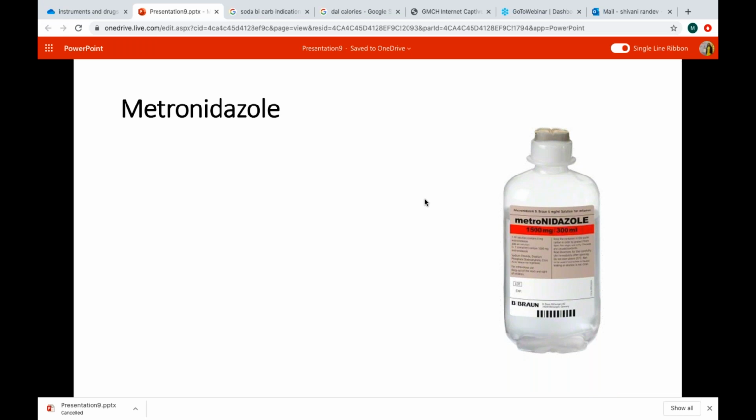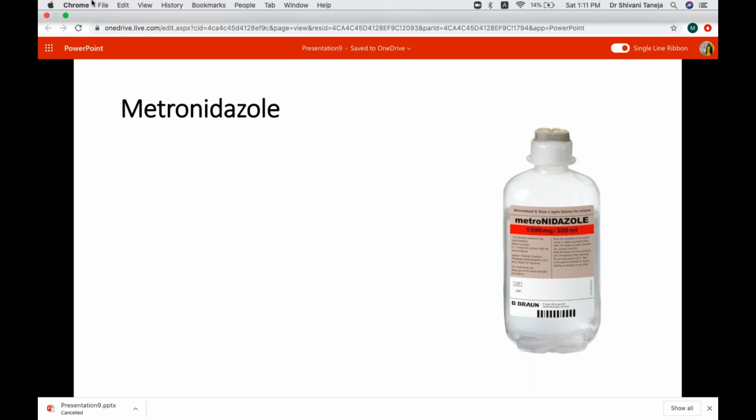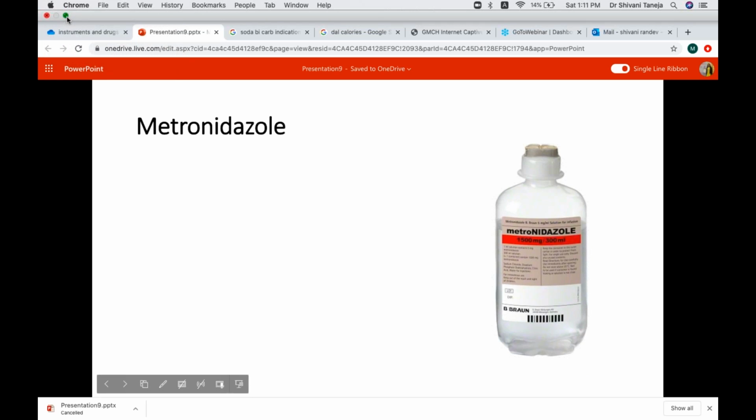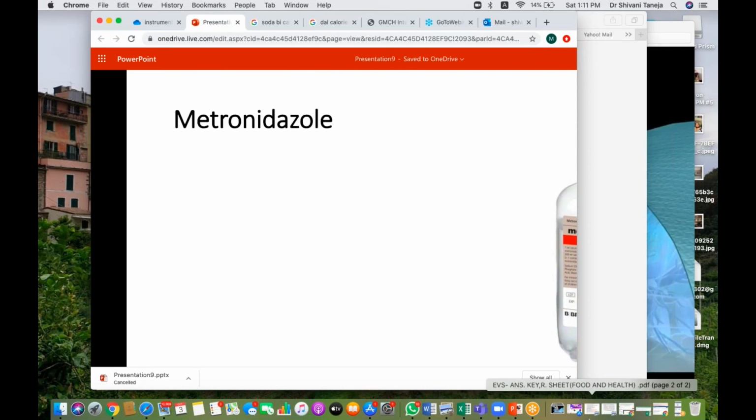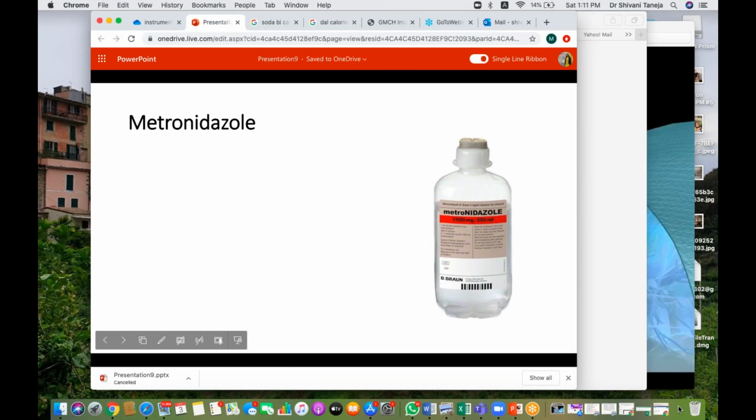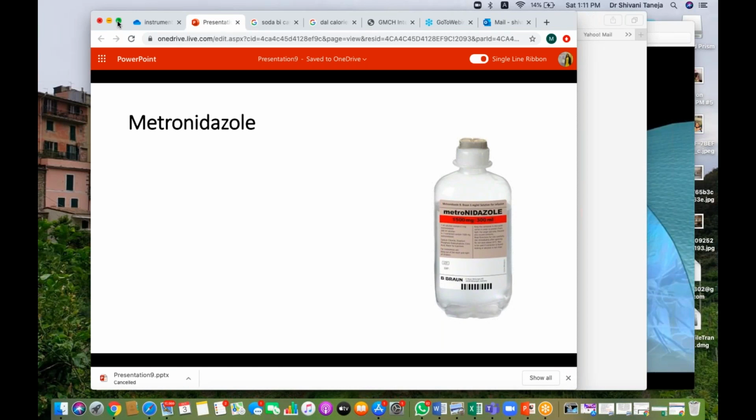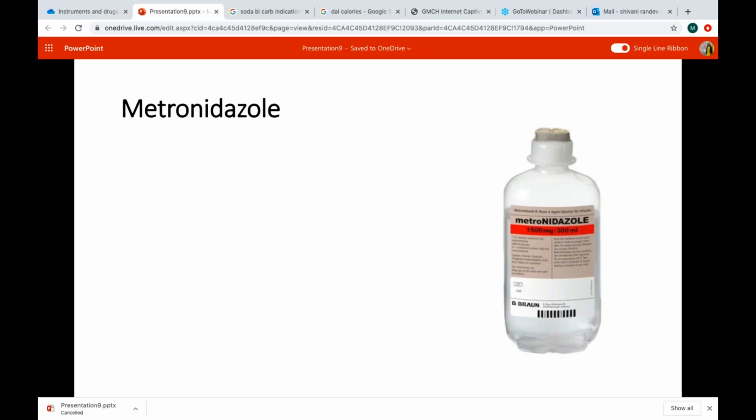Then we have metronidazole. Metronidazole is an antimicrobial. What are the indications for using metronidazole parenterally? हाँ जी बताओ, metronidazole कहाँ पे यूज करते हैं?